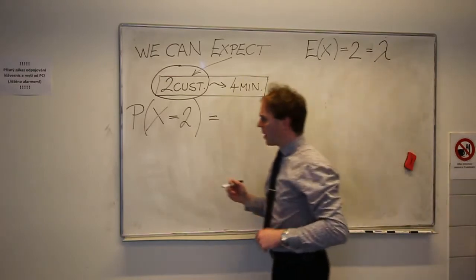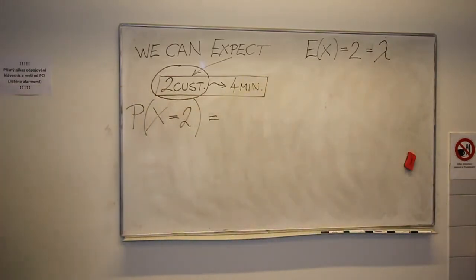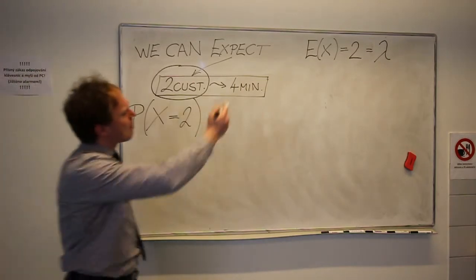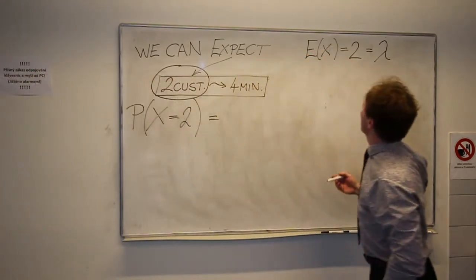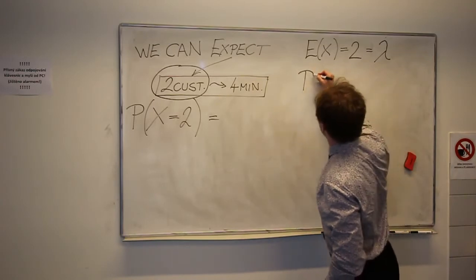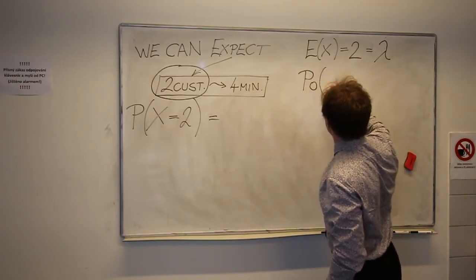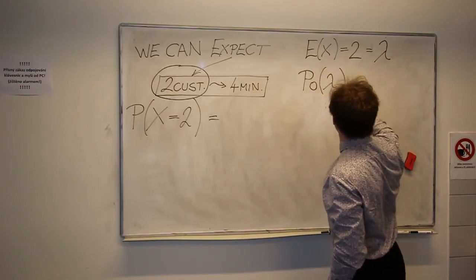This is lambda, yes? Okay, and this distribution with lambda equal to expected value is the Poisson distribution, with parameter lambda.